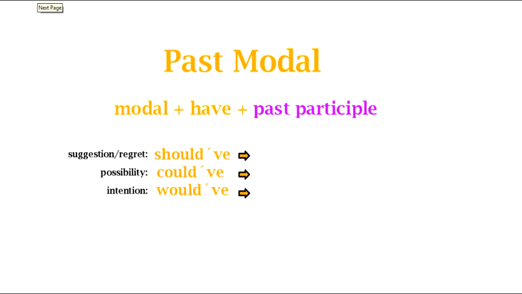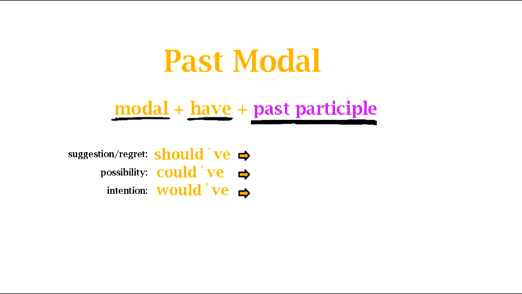Okay, so let's take a look at our past modals. Just a quick review of what a past modal is. Now, from the previous units, we saw that a past modal is a modal plus have as my auxiliary and a past participle. The past participle is things like gone, seen, walked, talked, taken, given. Those are past participles. So remember, we're always using the past participle of the verb.